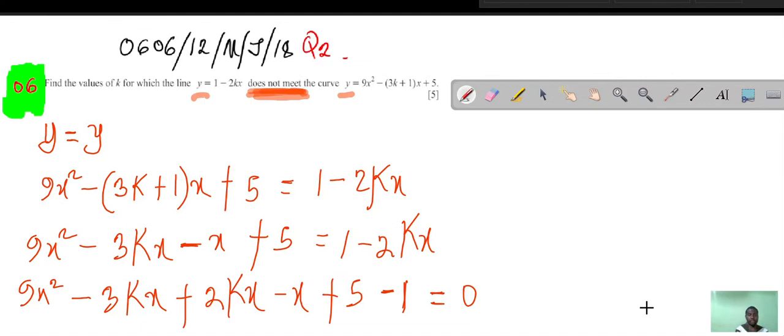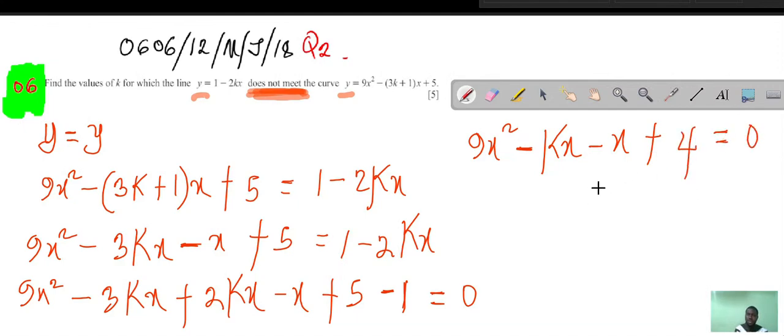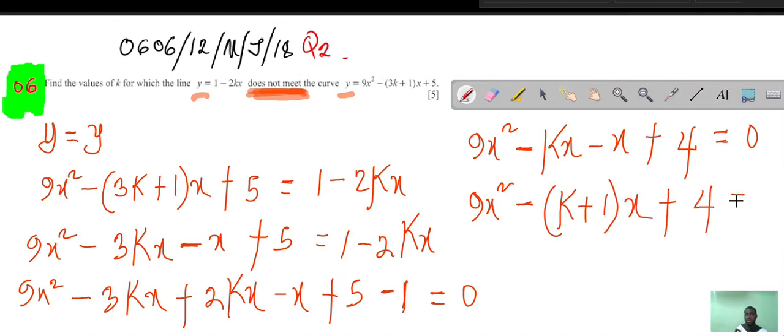I think I'm right. 9x squared, 2kx minus 3kx, so I can just say negative kx minus x, plus 4 equals 0. Now I can package it. 9x squared, I need x to be outside. I can say minus (k plus 1)x plus 4 equals 0. Let's double check. Minus kx minus 1x plus 4 equals 0. Okay, I think that is fine.